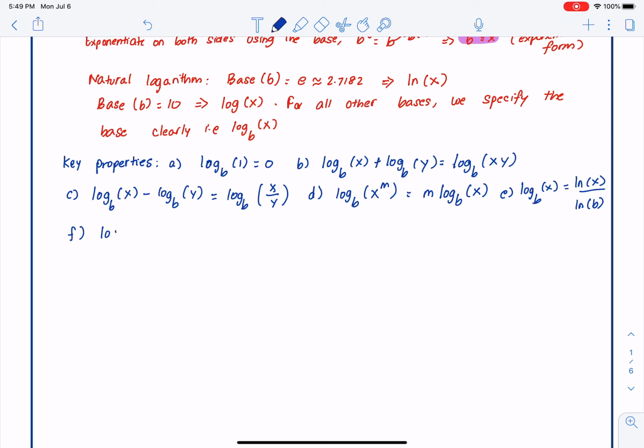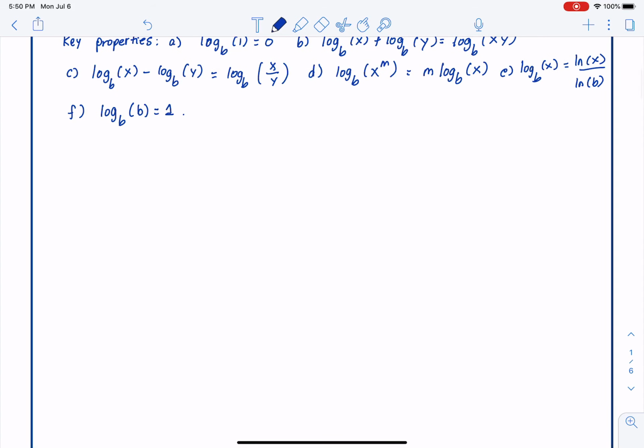So another property is log base b of b is simply 1, always. Now, what is the consequence of this? So recall I wrote log base e of x. If the base is e, I would simply write it as ln of x.